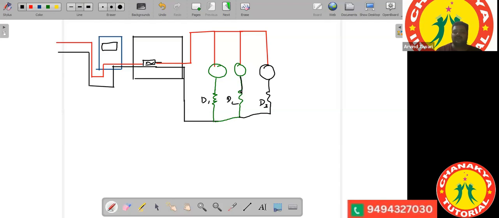All the devices are connected with the switch, and you will also find here an earth connection. The heavy devices, the devices which use heavy power, are provided with the earth connection.